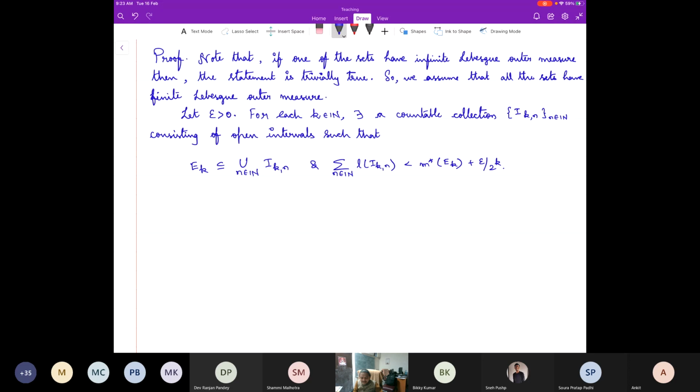Now the same proof, whatever we did there, same thing. You will have to observe that a countable union of countable sets is countable.